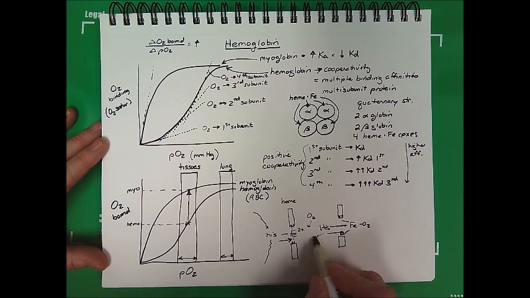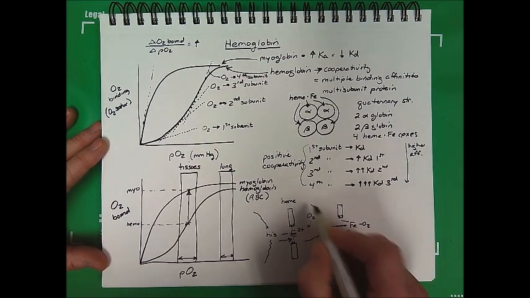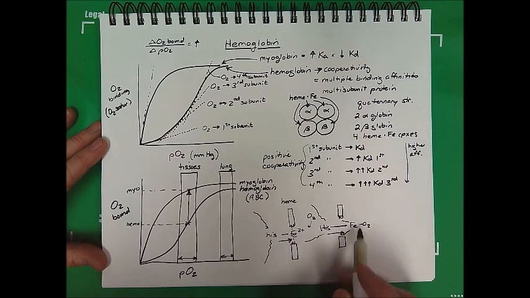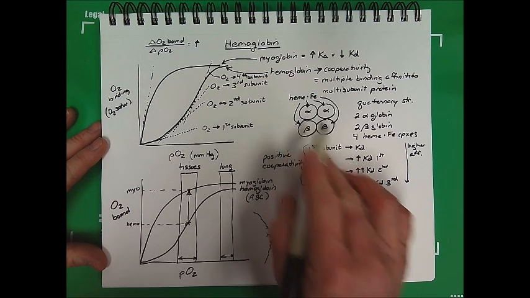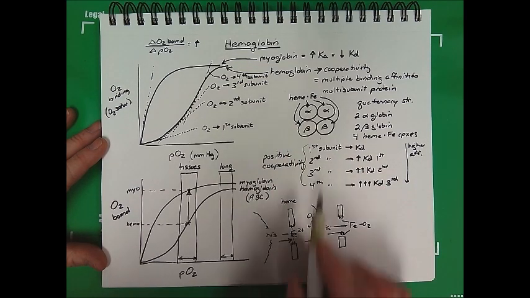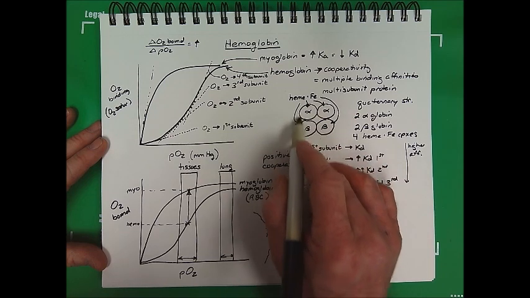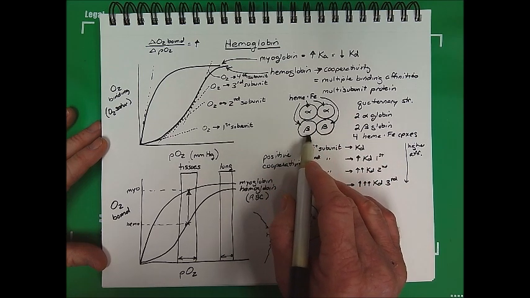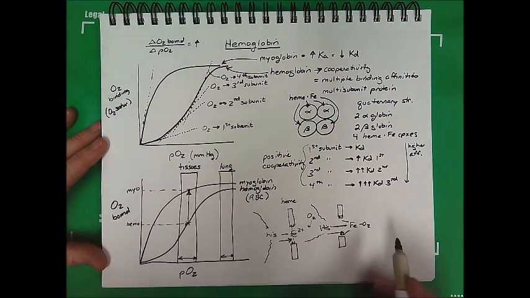What this essentially does is it causes a conformational change in the polypeptide that this heme is bound to. So oxygen binding to the first subunit of hemoglobin induces this conformational change in one of the subunits, and then this is transmitted to an adjacent subunit because it's bound to it. It's physically bound.